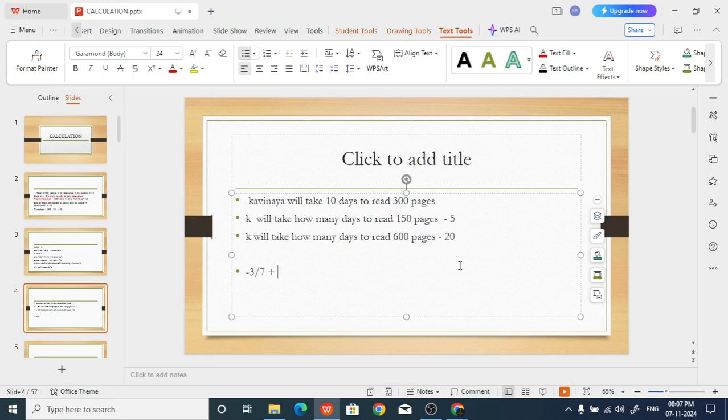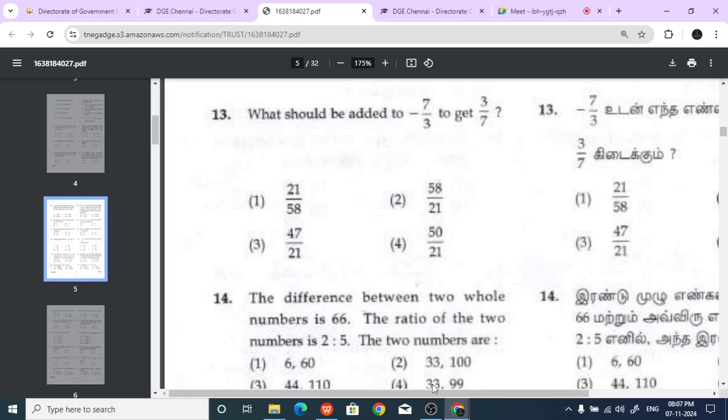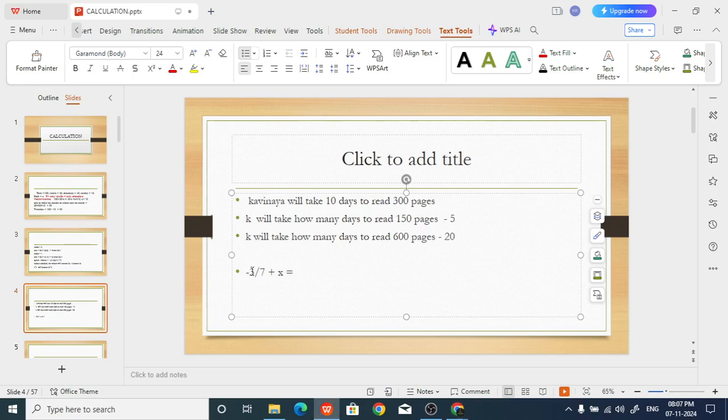Minus 7 by 3, minus 7 by 3 plus x should give 3 by 7.